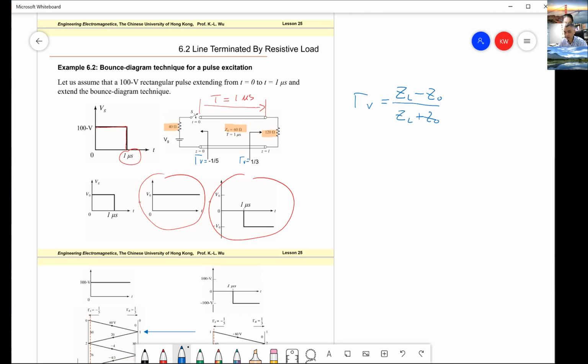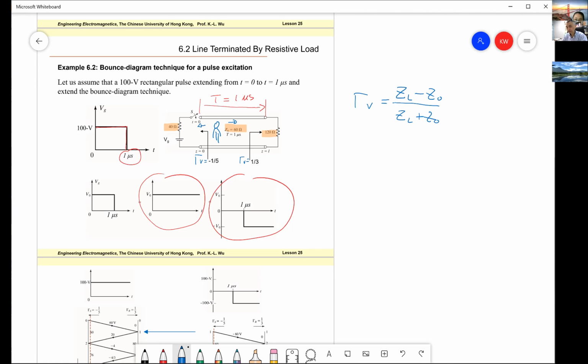So ZL is what we can see, because we always stay in the transmission line. We look towards this side and towards that side, and we can see two different voltage reflection coefficients. They play different roles depending on which boundary the wave hits.